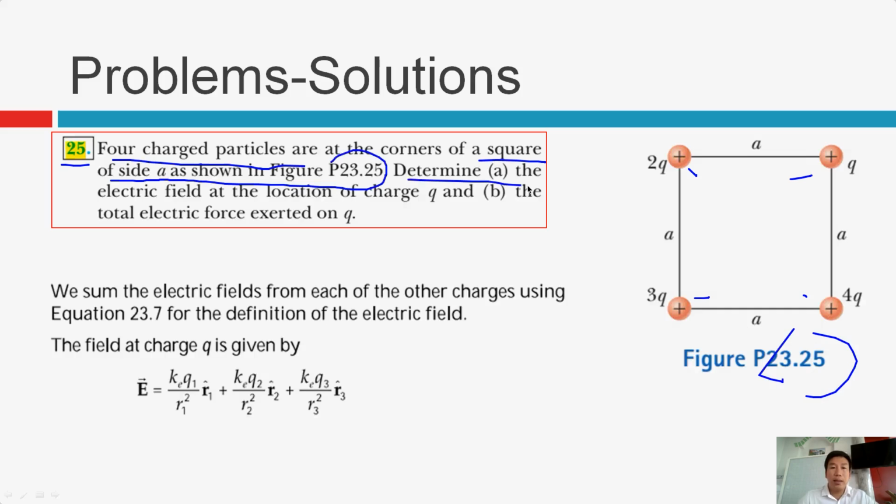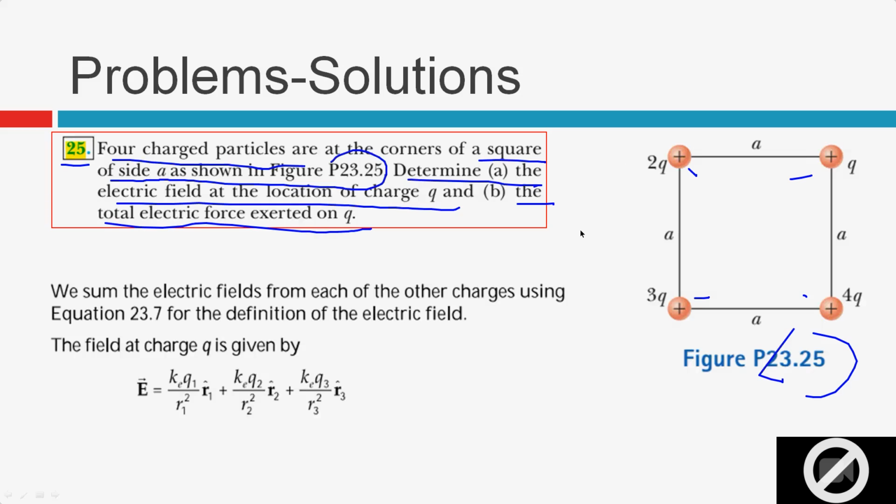They ask to determine the electric field at the location of Q and the total electric force on Q. I think this problem is very easy for you because you already did it at high school, right?